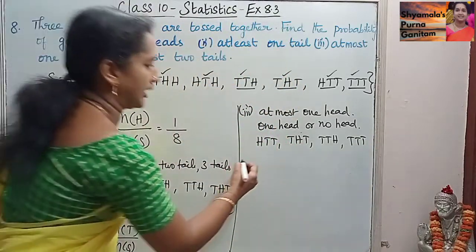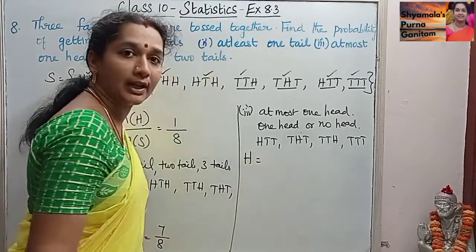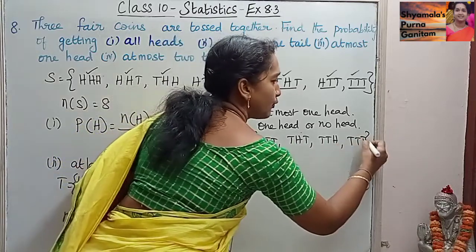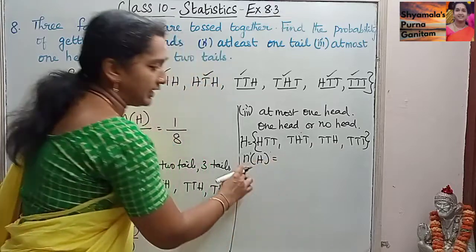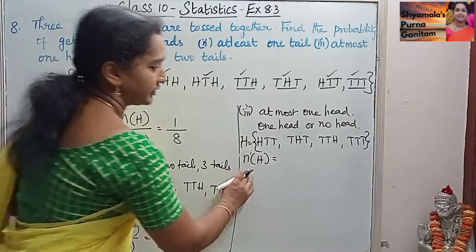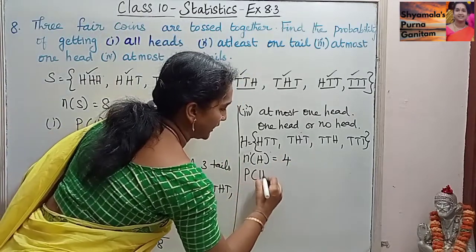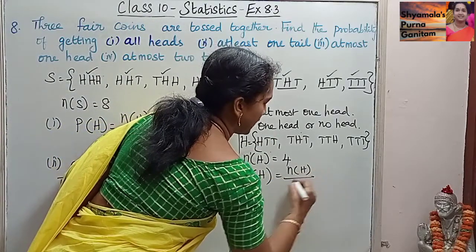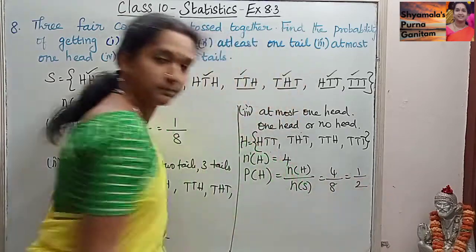So at most one head, we'll take this as h, that is 4 options. So n of h, the number of elements that have at most one head, is equal to 4. So probability of getting at most one head is n of h by n of s, that is 4 by 8, that is 1 by 2.